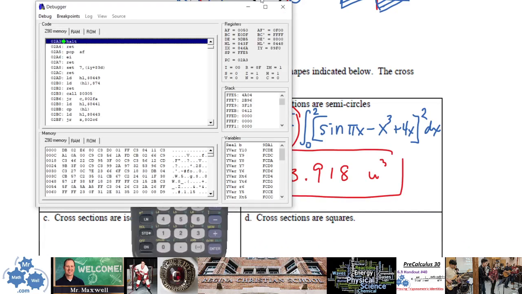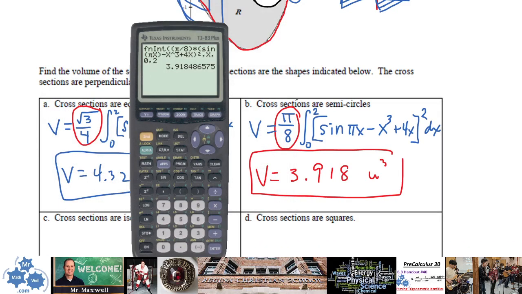All right, there is another way that you can do this other than graphing it first. You would have on your calculator a function integral, a function on your calculator, and that's going to be here. So look at this, math, and you go all the way down, fnInt, function integral.